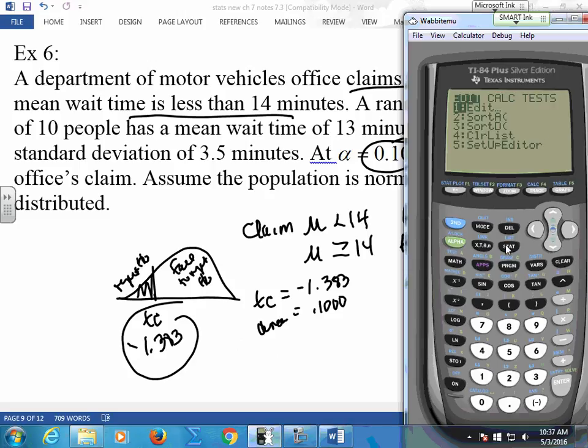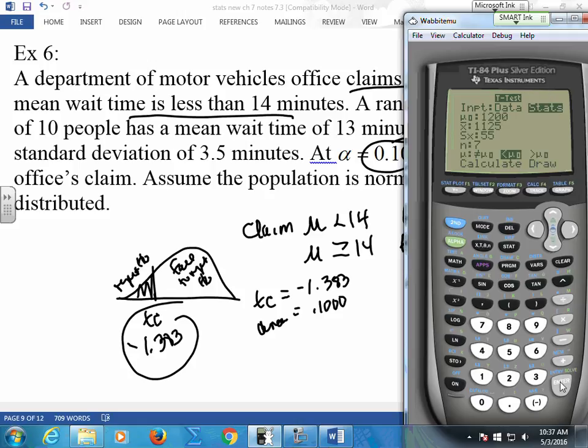So I go to stat, test, I come down to 2, and I put my information in. My mean is 14, my sample mean is 13, my standard deviation was 3.5.